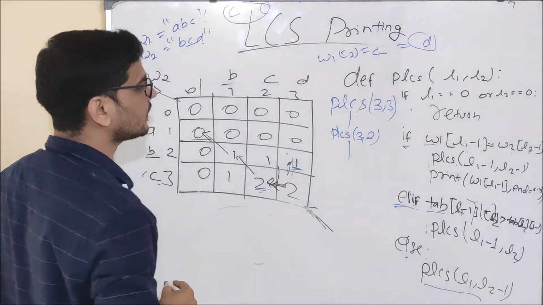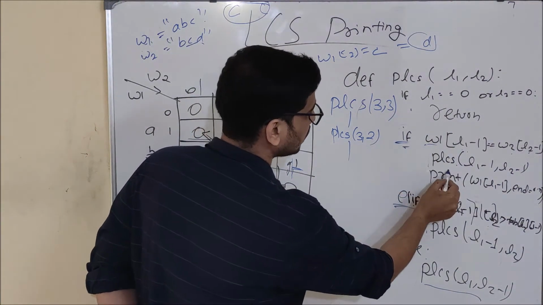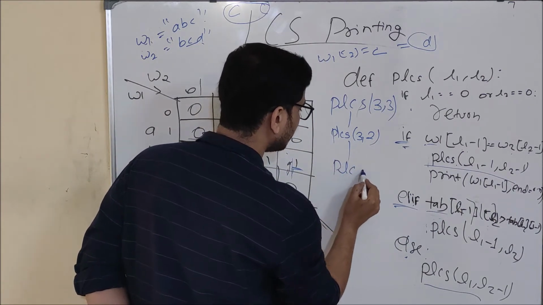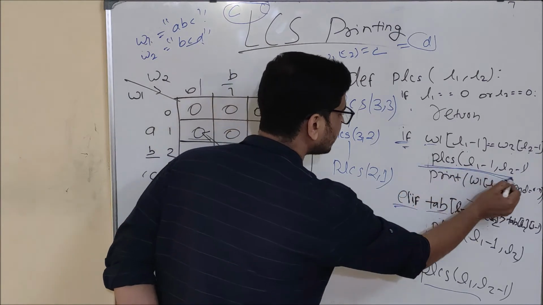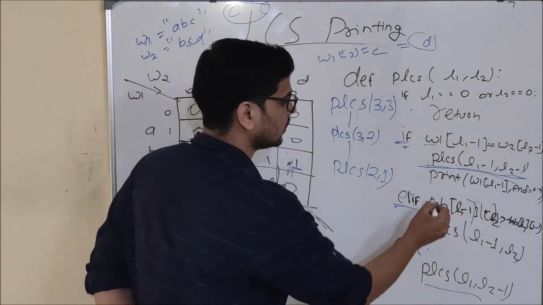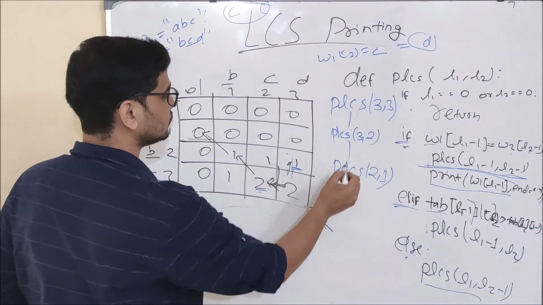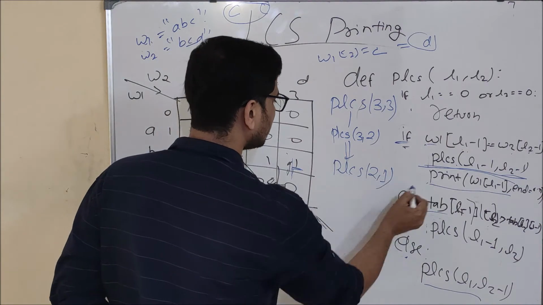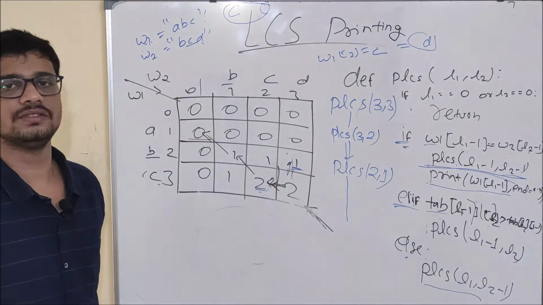So as the characters are matching, we will make a recursive call to PLCS 2, 1. And until this function call ends, we are not going to execute this particular line. So this function call will be made and after that this line will be on hold and again we will come back for its execution.